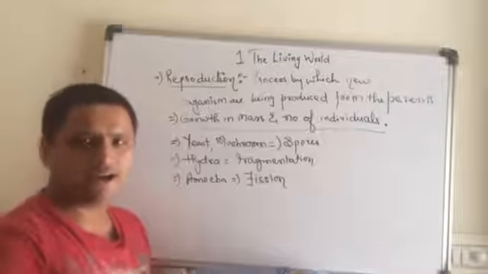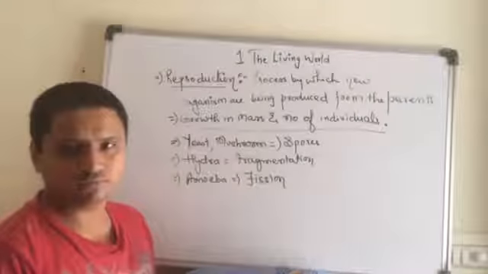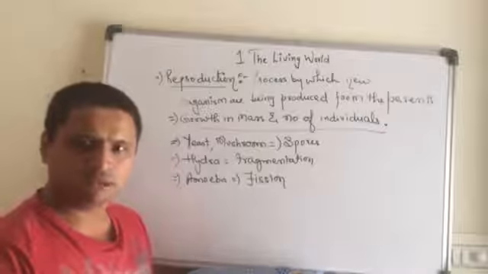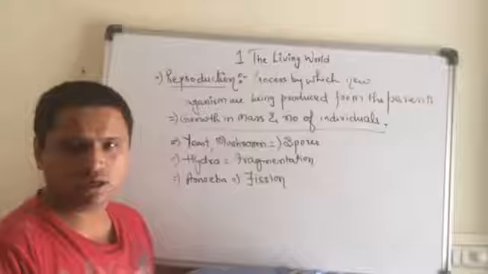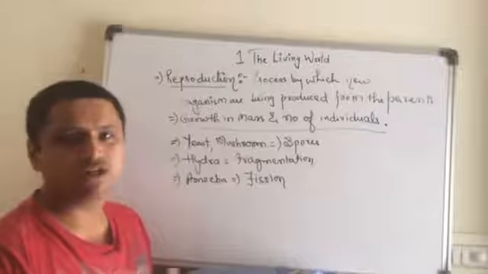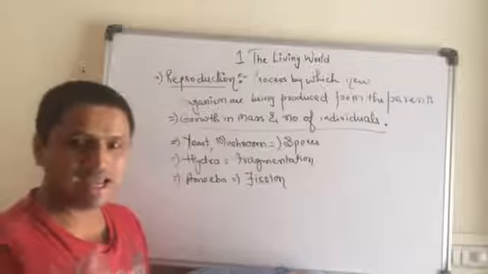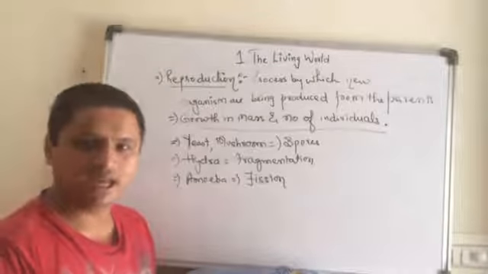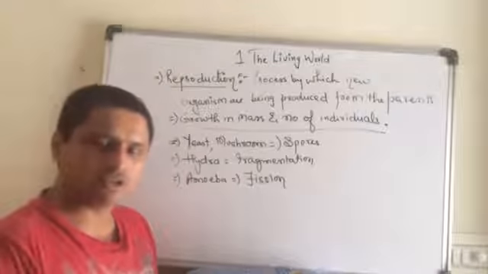Now look at the other side of the story, children. A sterile human being, a sterile flower, or sterile animals do not reproduce because they have lost the capability to reproduce. So will that organism reproduce, children?